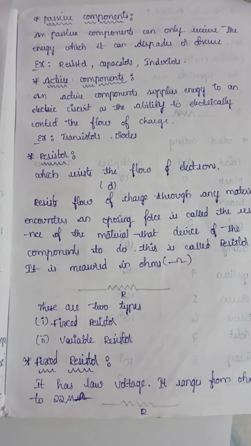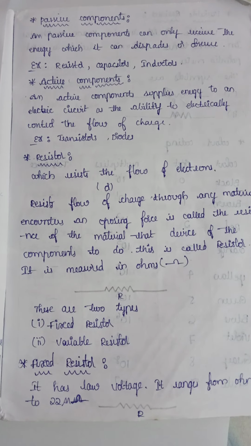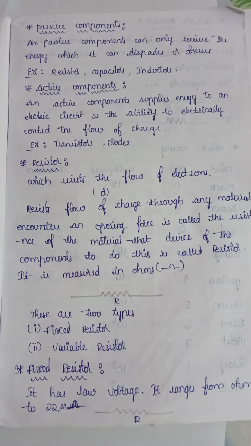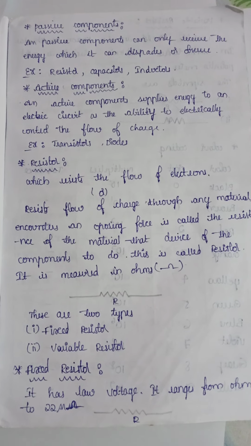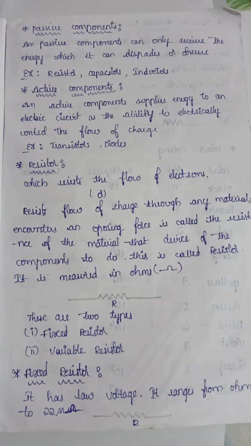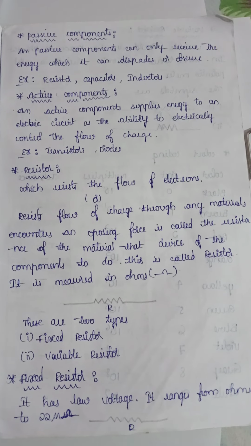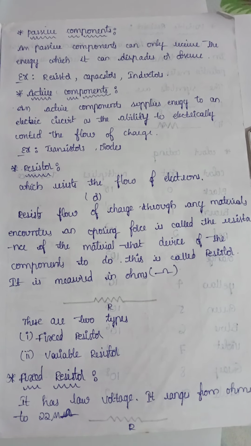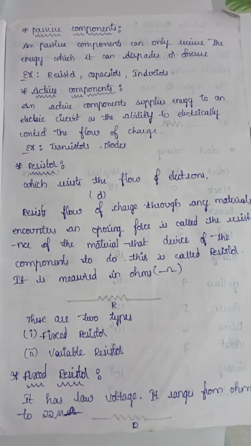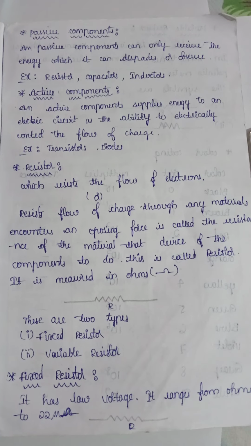Active components supply energy to an electric circuit and have the ability to electrically control the flow of charge. Active components mainly supply the energy to the electric circuit. Example, transistors and diodes.